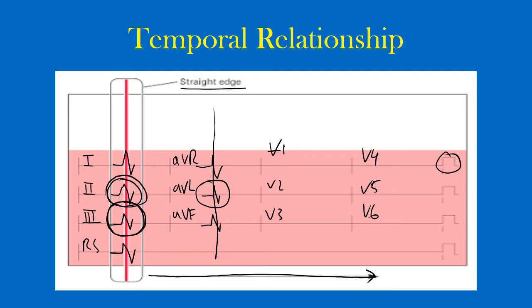So let's imagine that these waves here in the limb leads, all these are the same. And so are the ones here in leads V1, V2, V3, as well as in our rhythm strips. And then all of a sudden in leads V4, V5, and V6, we see different complexes.